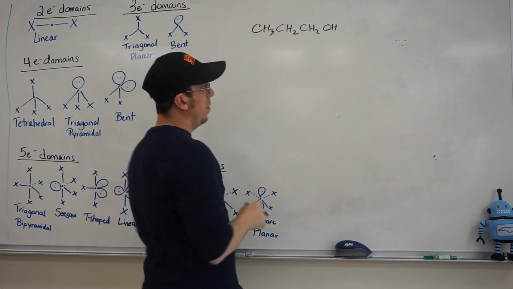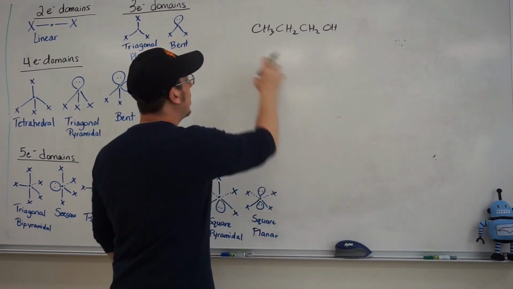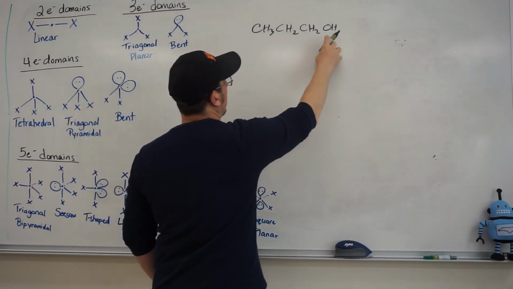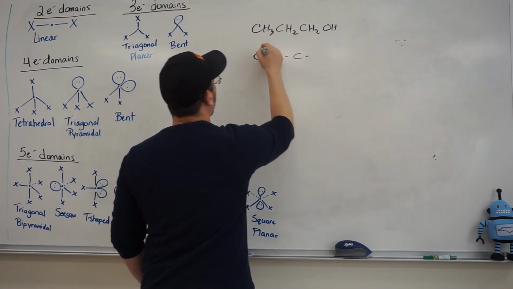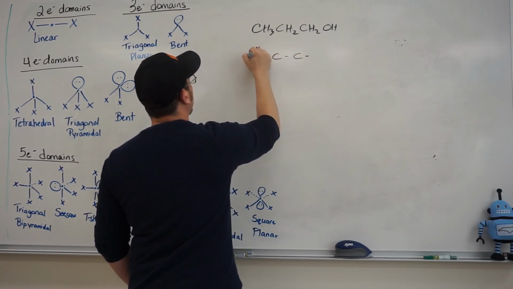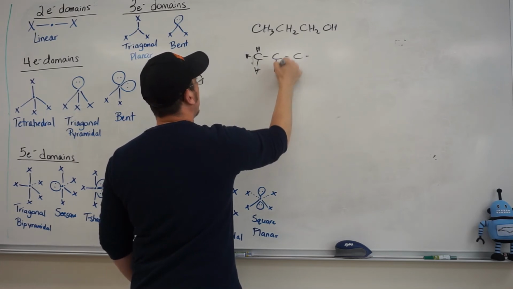So if we want to write the Lewis structure, when we see these formulas written out, it makes it really easy because each of these represents their own respective structure. And so, like for this first one, we have 3 hydrogens attached to this 1 carbon. For the second carbon, you have 2 hydrogens.